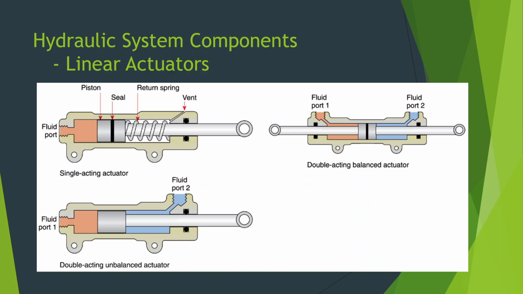On something like the double acting actuators here, most of the time it's a steel shaft running through a rubber seal. And so the design is such that a very, very thin layer of fluid is designed to coat that steel shaft so that it can provide lubrication as it moves through the rubber seal. Okay?